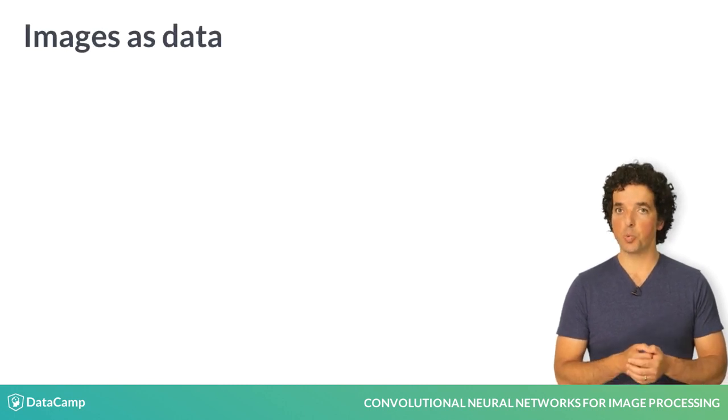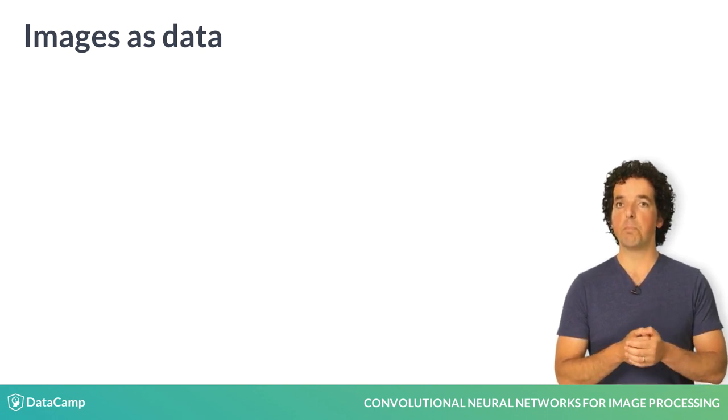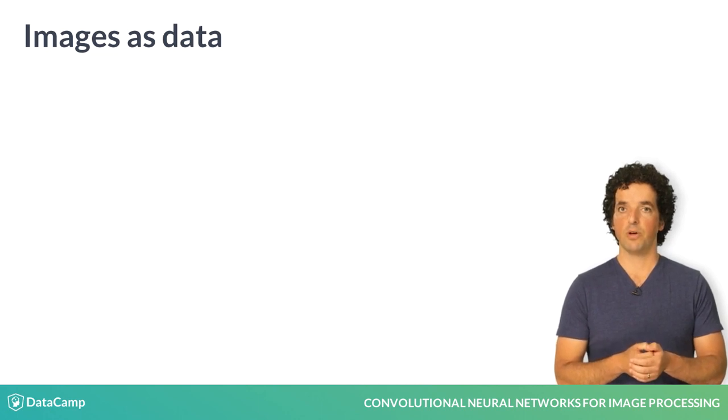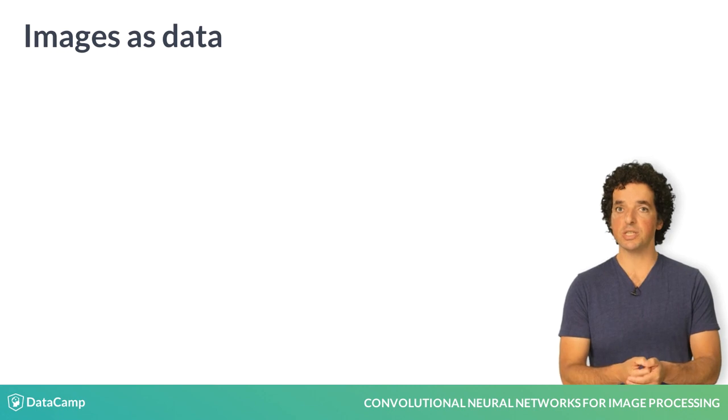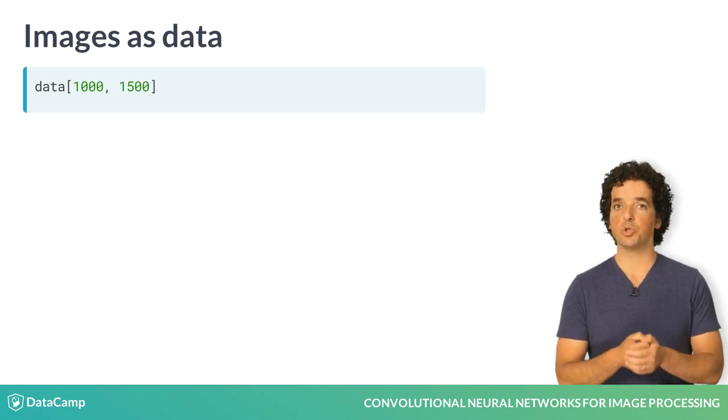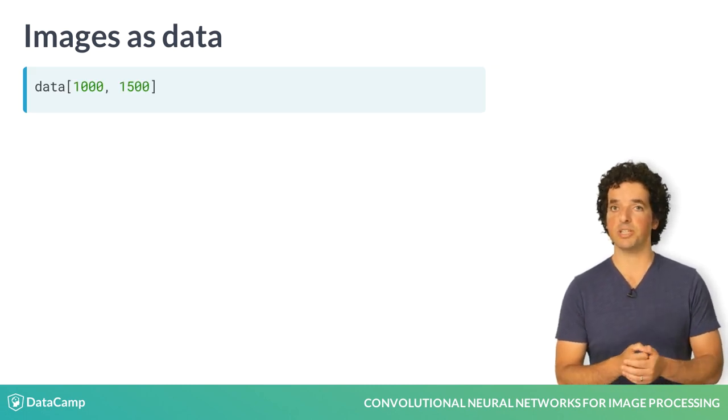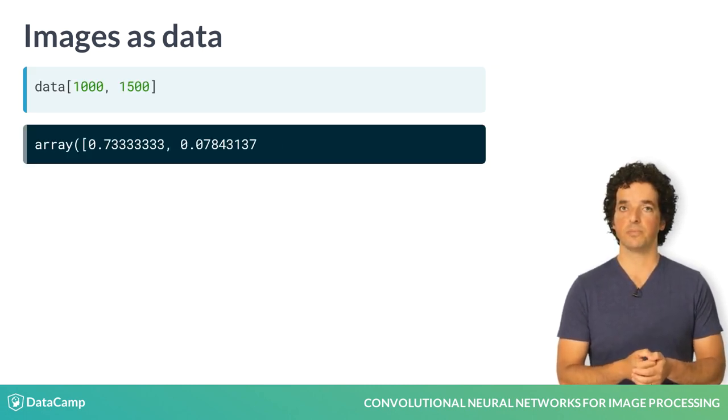To examine the red, green, and blue data in a particular pixel in the image, we index into both of the spatial dimensions of the image. For example, when we index on both of the spatial dimensions, we can choose a pixel that is inside the stop sign by setting the row index to 1000 and the column index to 1500.